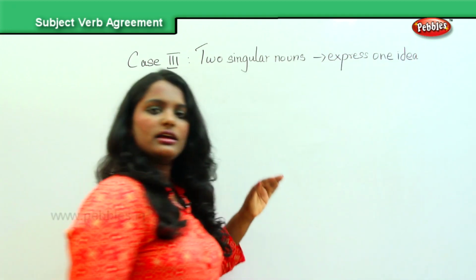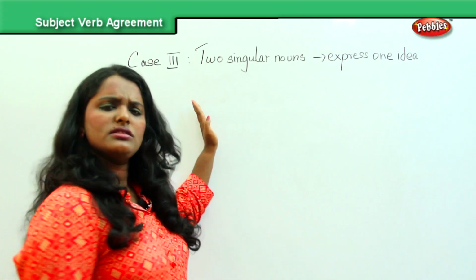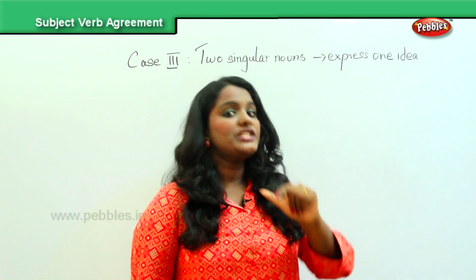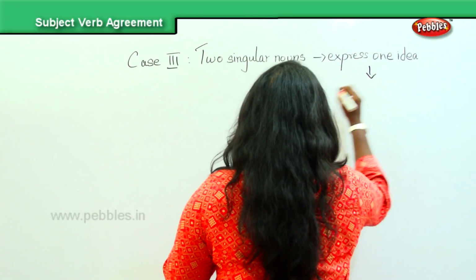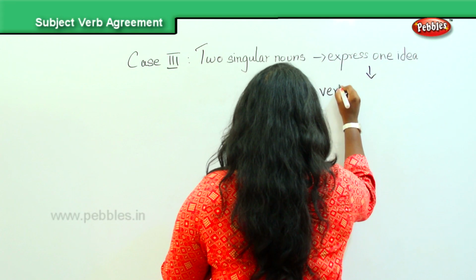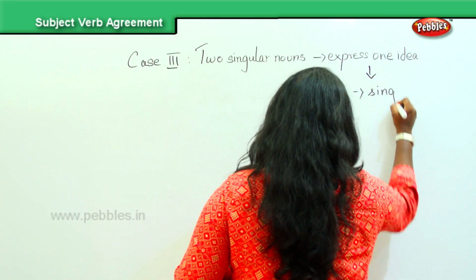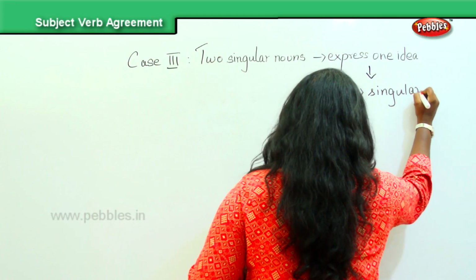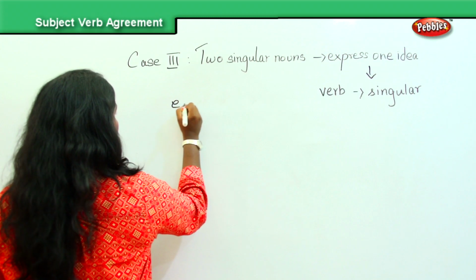Right, just like case 1 and case 2, we had two subjects. Here also we are going to have two nouns which are singular, but they are going to express one idea. So my verb is going to be singular. Let me explain it further with an example so that it's easy for you to follow.